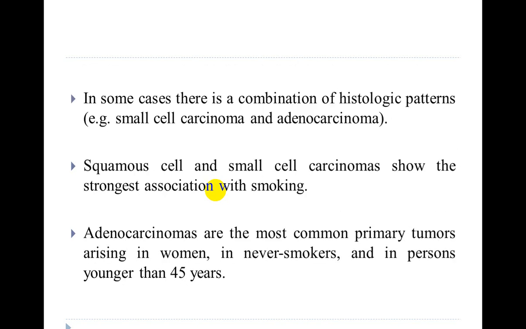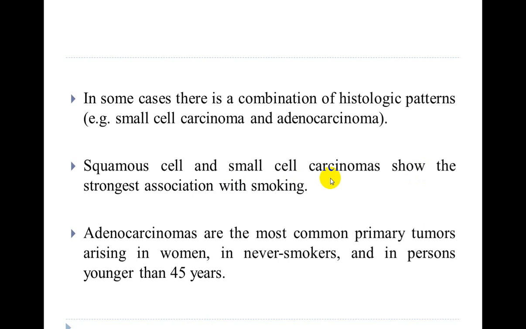Sometimes we can find a combination of histologic patterns in the pulmonary carcinoma, for example, small cell lung cancer and adenocarcinoma found together.